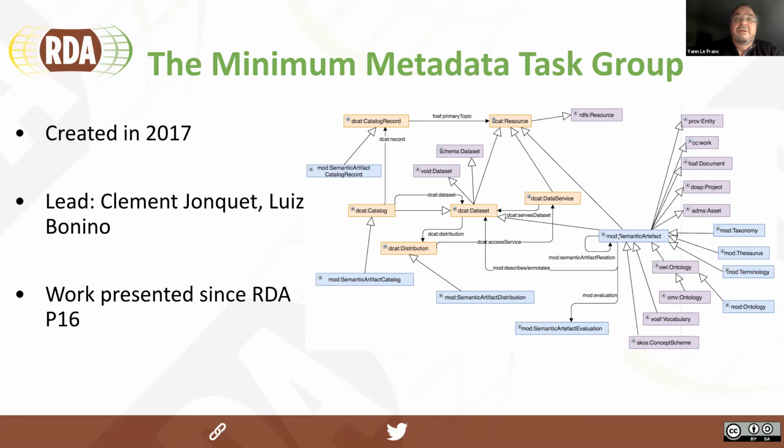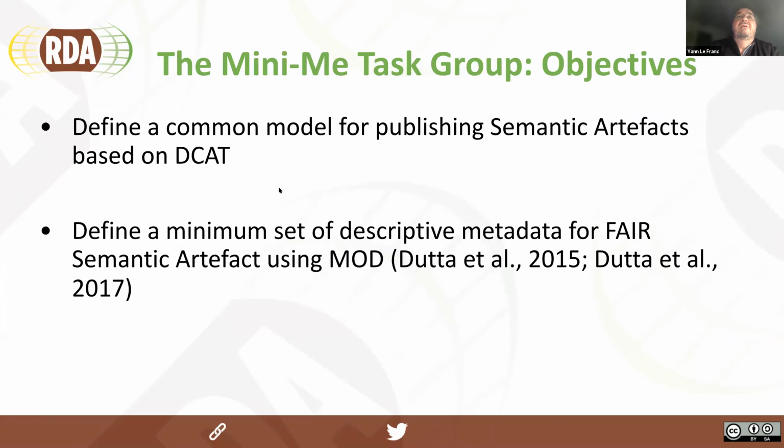And the objective of the group is to define a common model for publishing semantic artifacts based on DCAT, and to define a minimum set of descriptive metadata for FAIR semantic artifacts using the ontology for describing ontologies developed by Biswanath Dutta and Clément Jonquet and its team.